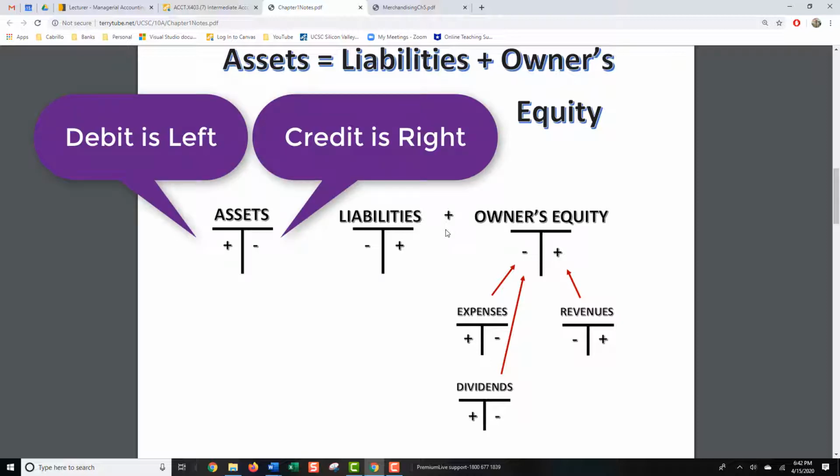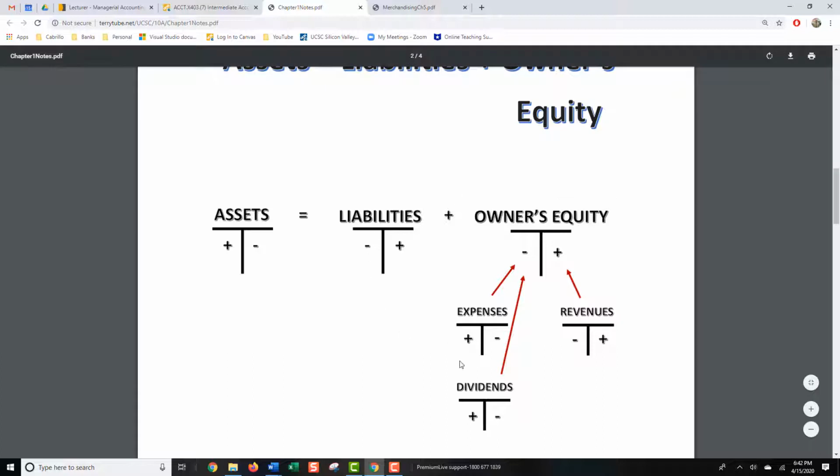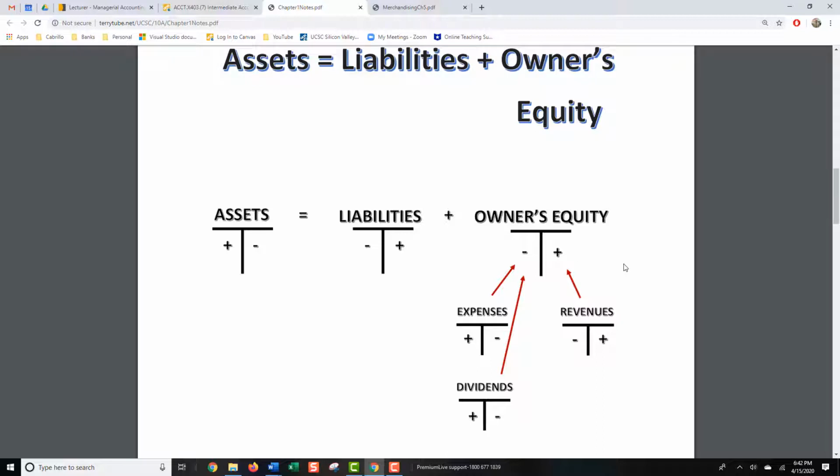You can't say increase and decrease, because the left side of an asset increases, but the left side of a liability decreases. So you just had to memorize this. T accounts represent the ledger.